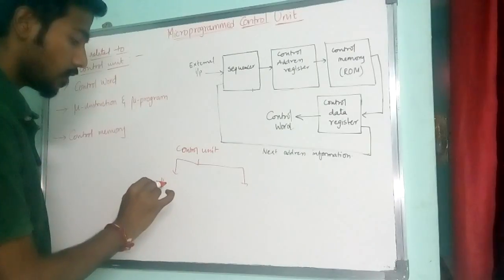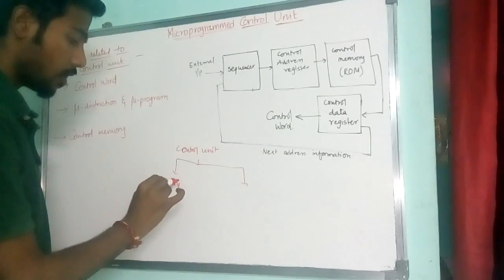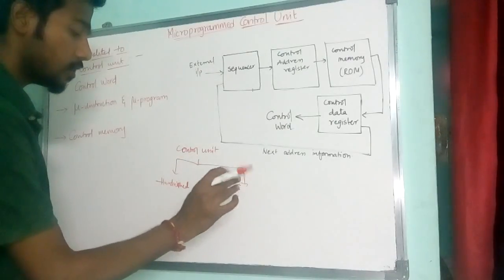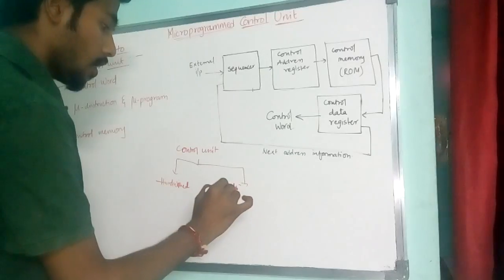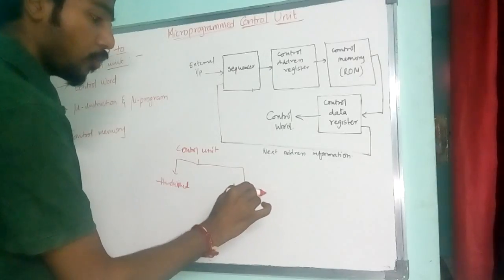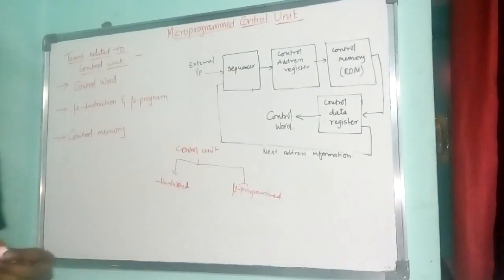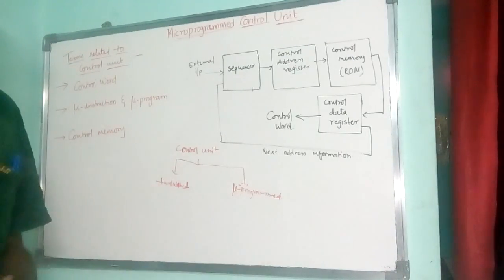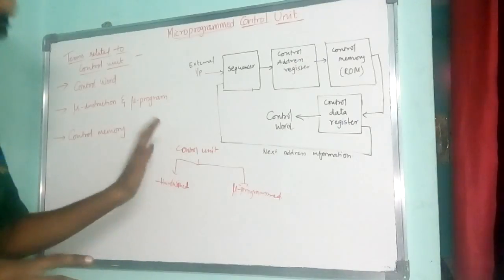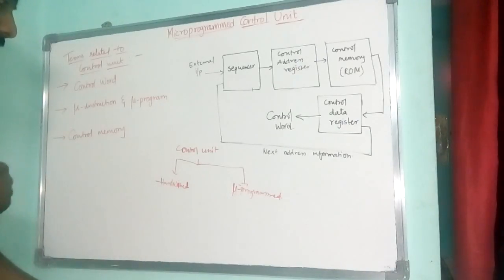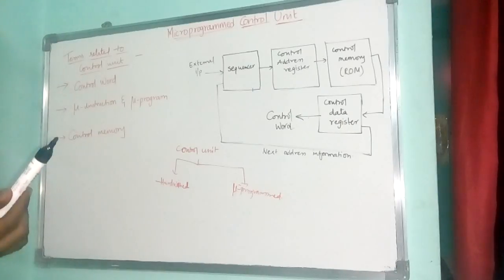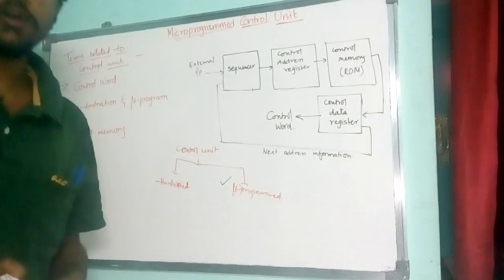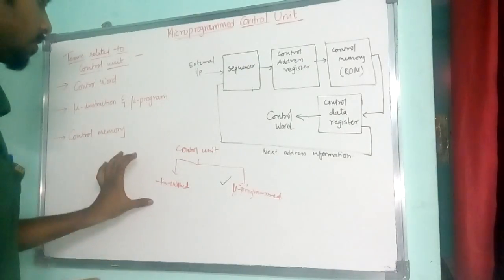One is hardware, the other is microprogram. These are the two types of design we can employ to design the control unit. Basically we'll prefer the microprogrammed control unit, but more frequently we use hardware.